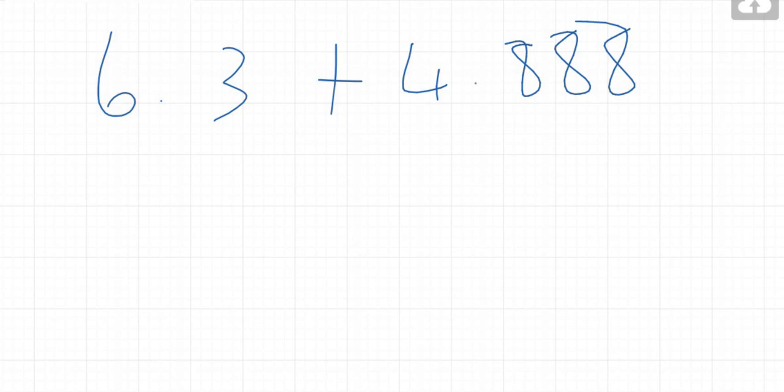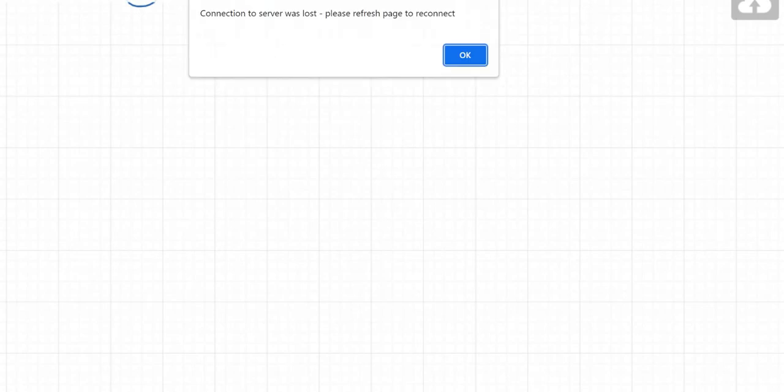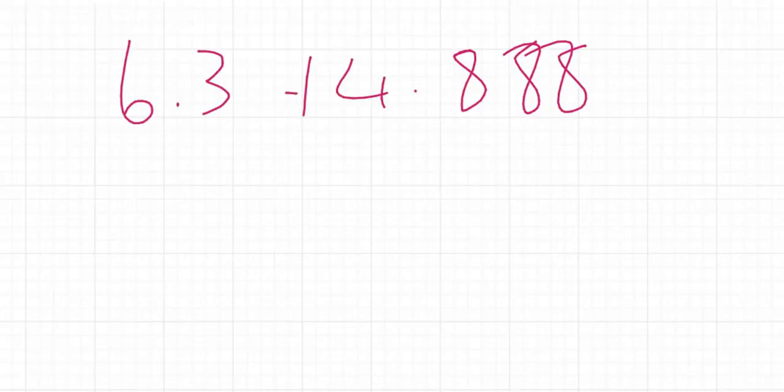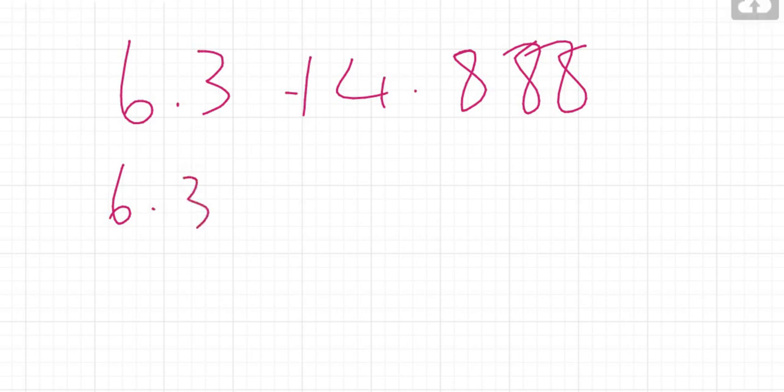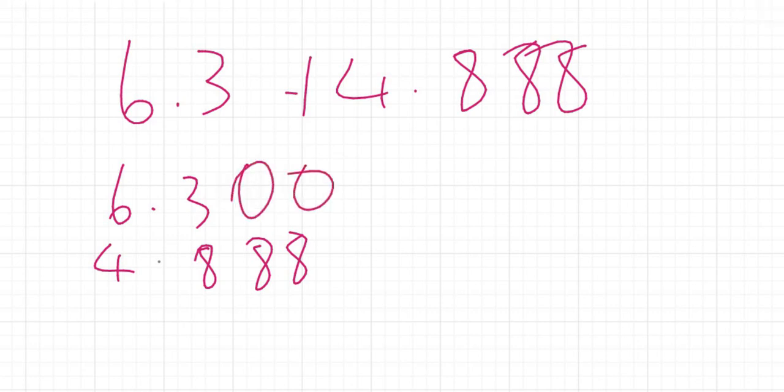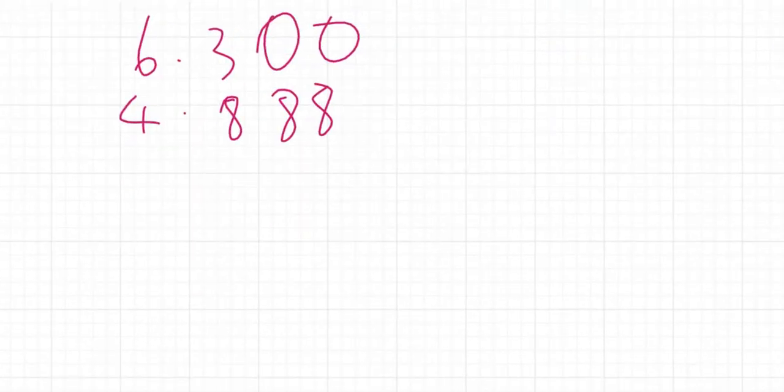So we'll say 6.3, 4.888, and if you realize that the top number does not have as many decimal places as the second one, we'll just add zeros there, and go ahead and work it out.